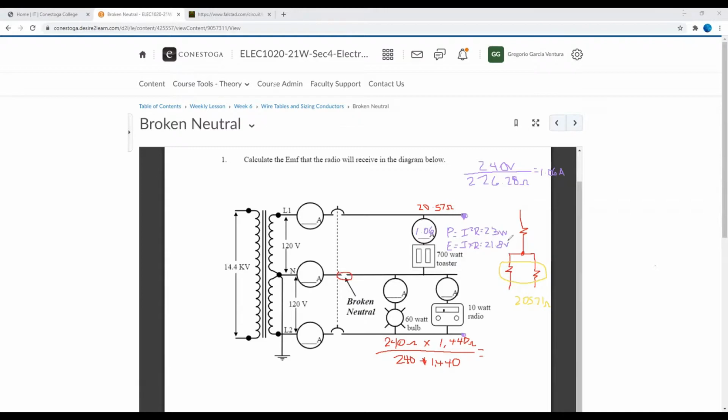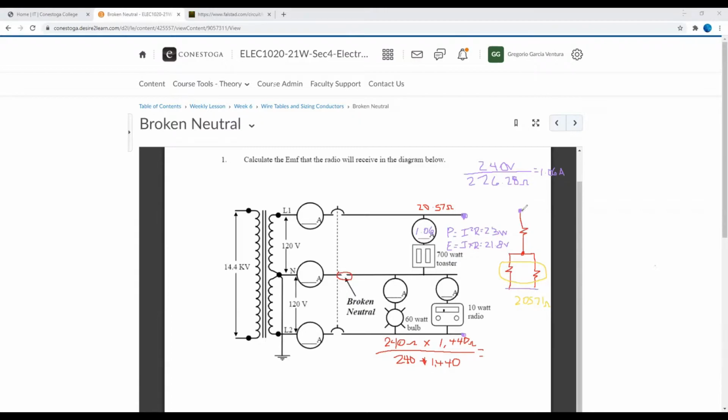Now, on the flip side, all we have left is to take our 240 volts. Between these two points and the bottom here, we have 240 volts. We already know the voltage drop for this component, which is 21.8.